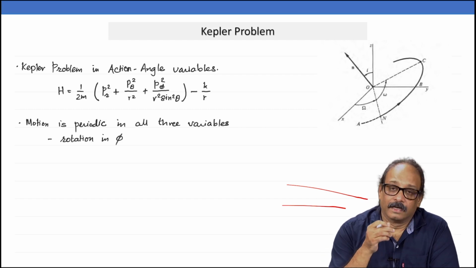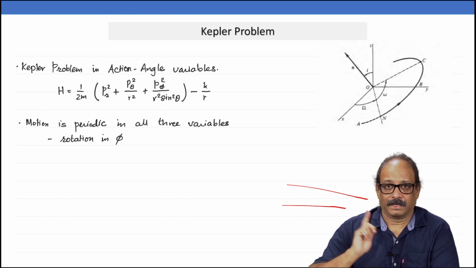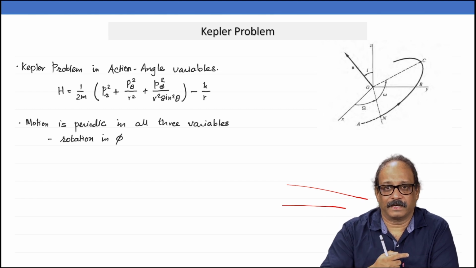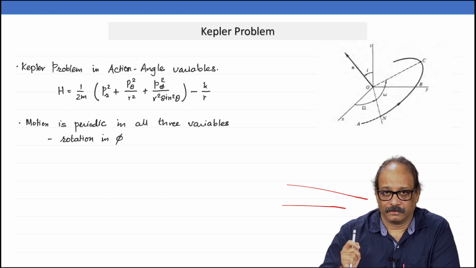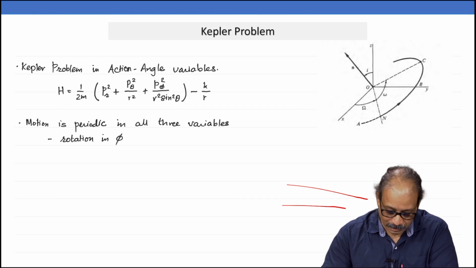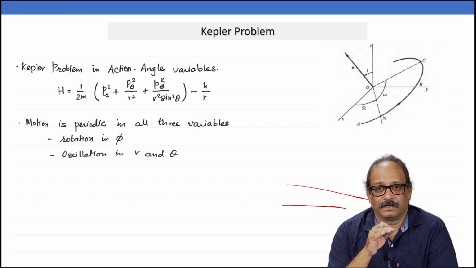Now, it is a rotation kind of motion in angle phi, because remember in the orbit it just goes around the origin, which means the phi angle traces out values from 0 to 2 pi coming back to the same point, and then it keeps on doing that. Whereas, in r and theta it is an oscillation kind of motion.